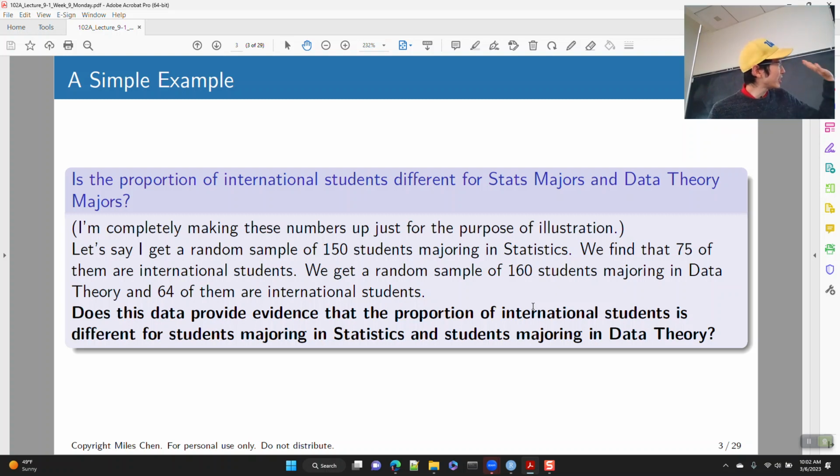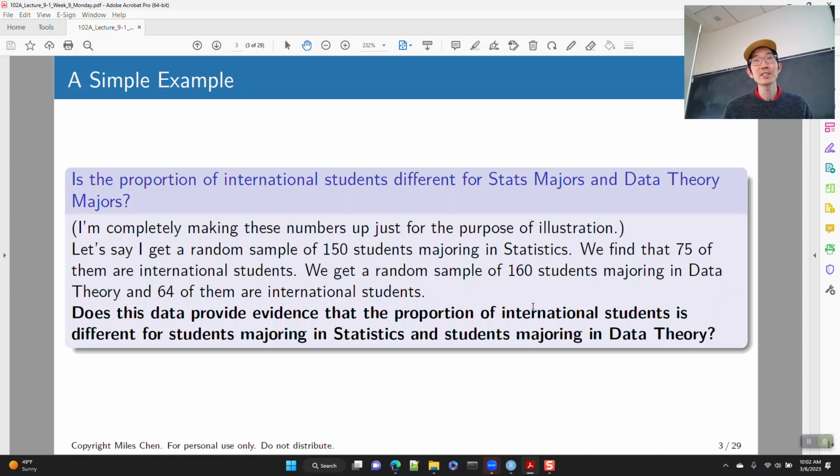But in my class, I often have students who are stats majors, and I often have students who are data theory majors, so I wondered what proportion of students are international students. Let's say I get a random sample of 150 students majoring in statistics, and we ask, are you an international student? We'll say 75 are international students.